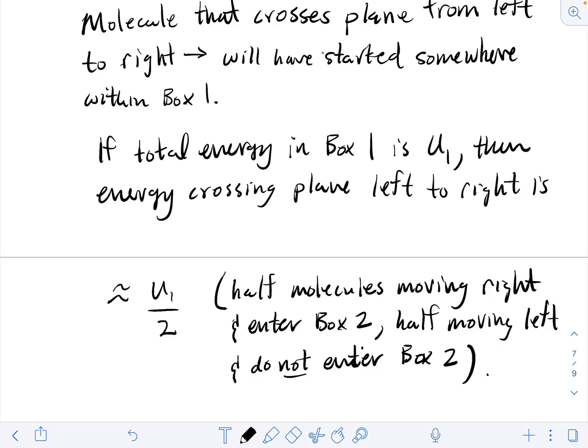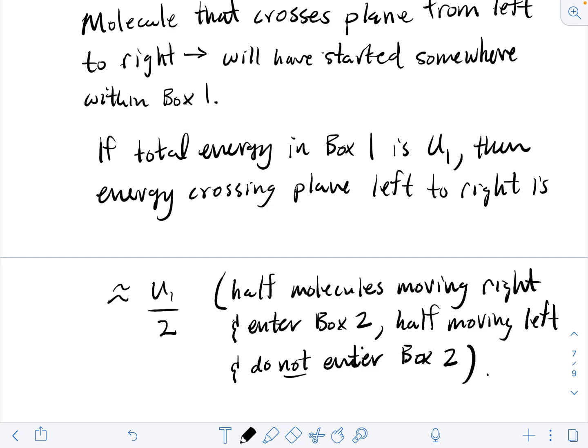It's an approximation because, of course, particles might be moving up or down or have components of velocity into the page or out of the page. And so we're probably overestimating how much energy transfers from box 1 into box 2. But let's go with this.